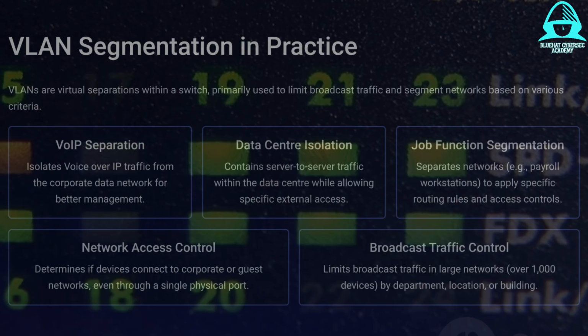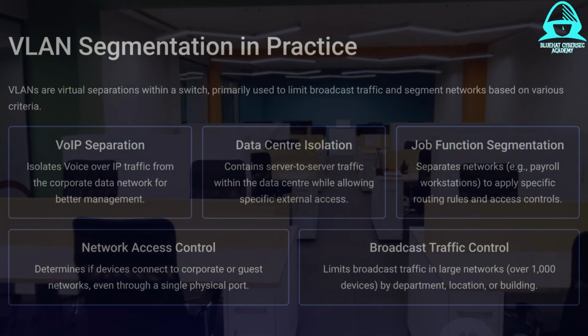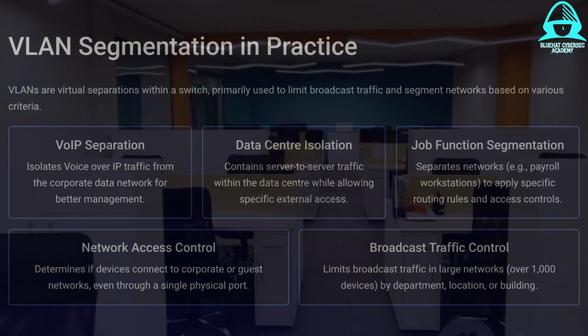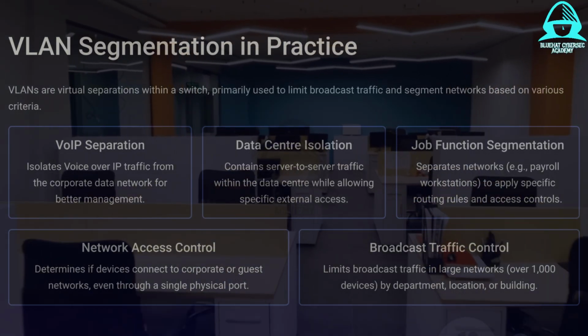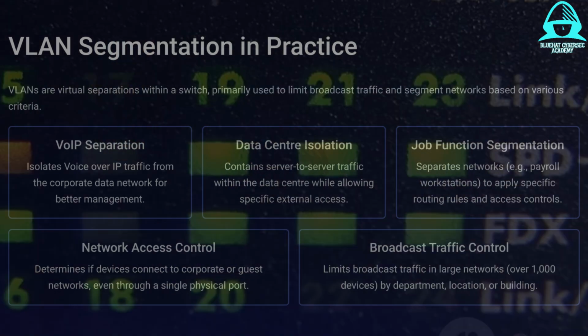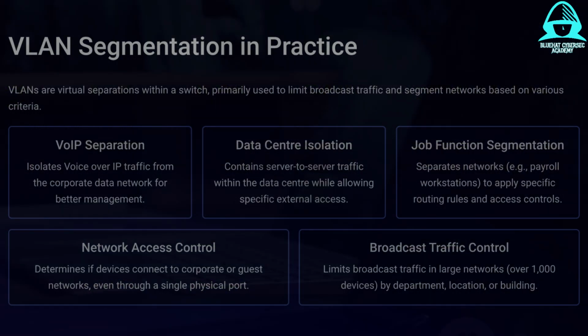Finally, in large corporate networks, VLANs can be used to limit the amount of broadcast traffic. This is most common in environments with more than 1,000 devices, where networks may be separated by department, location, building, or other criteria as needed. The most important thing to remember is that while VLANs are logically separated, they can be configured either to allow access to other VLANs or to explicitly deny that access.